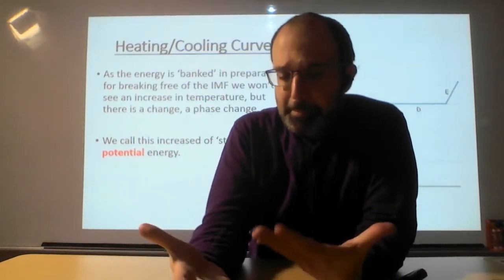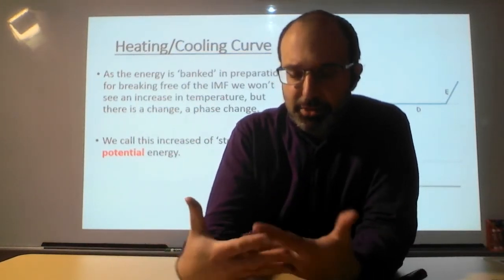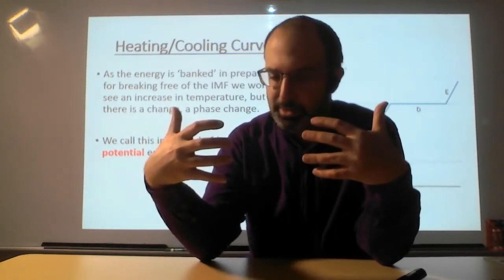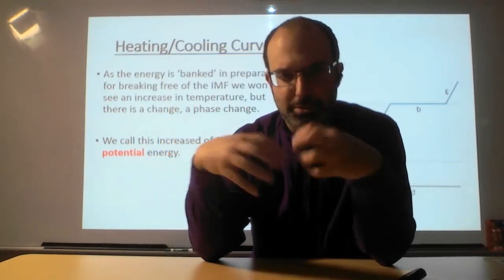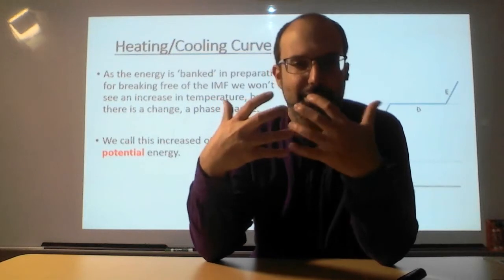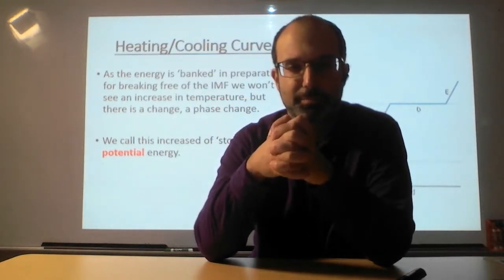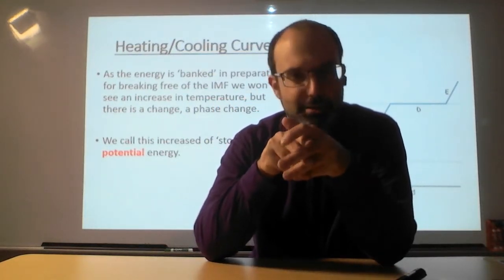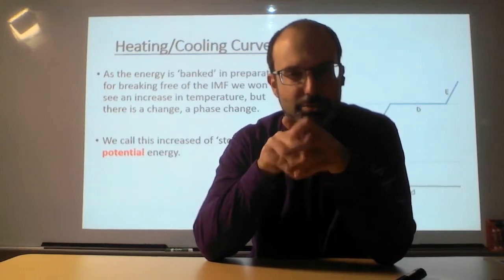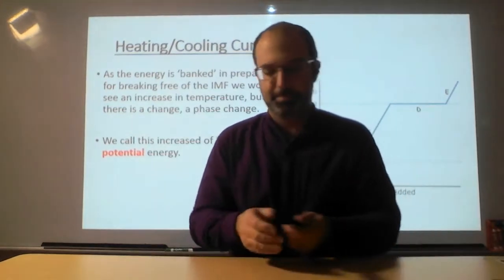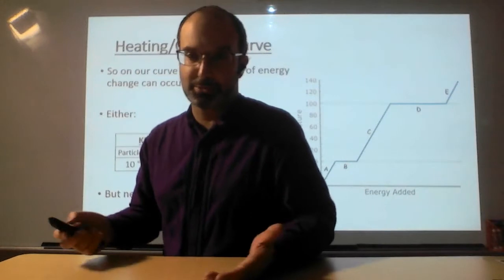So potential energy here, for breaking free of the intermolecular forces, requires you to pay off this debt that you have to the intermolecular forces. And that requires a lot of energy, but the energy isn't used for moving, not right away. So that's super weird, but that's what's going on.